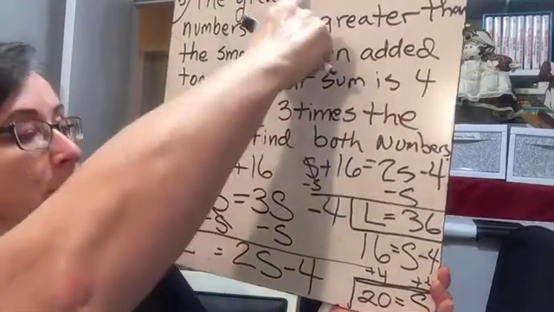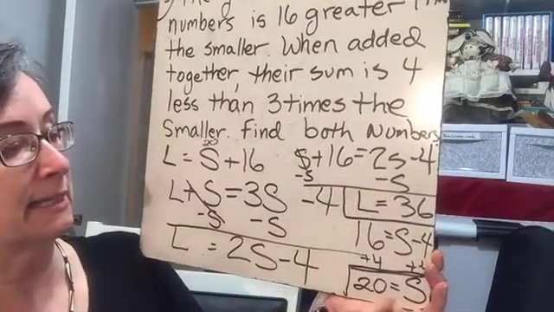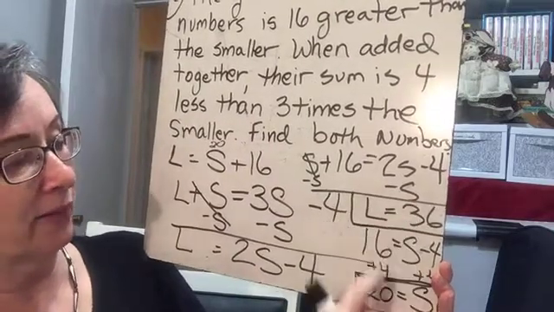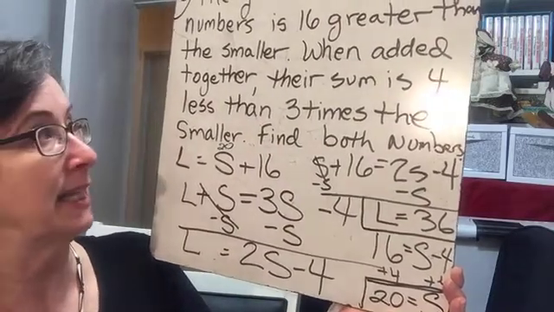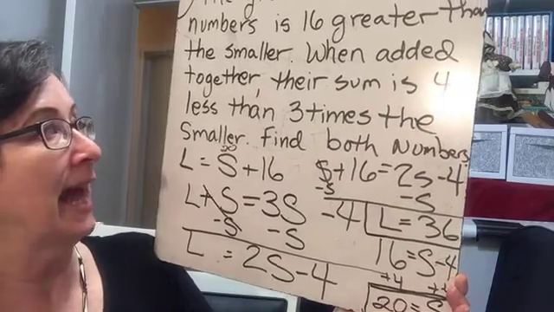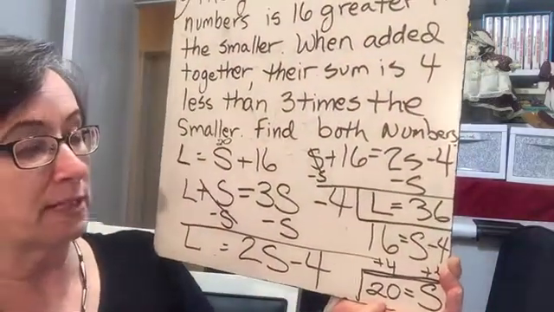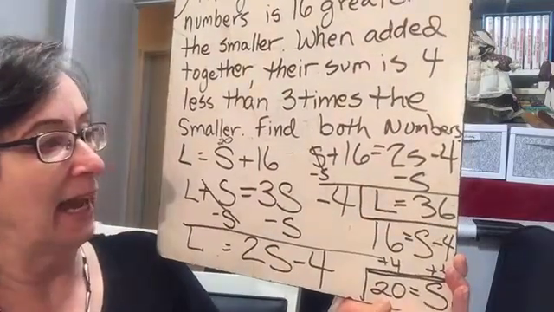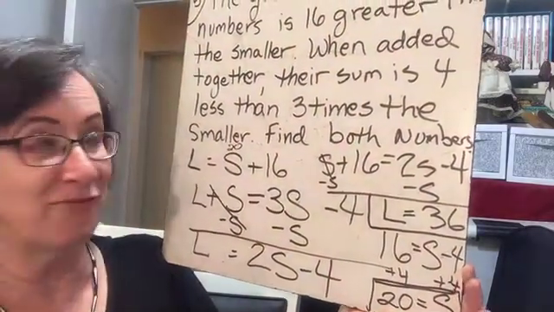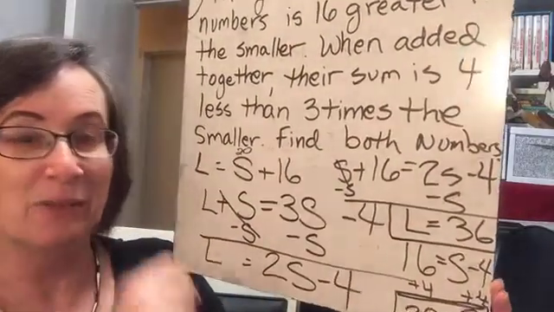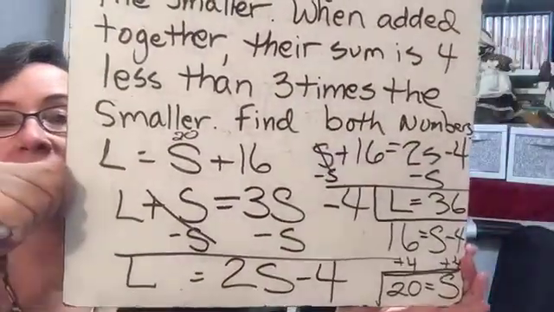Okay, the larger number, 36, is 16 more than the smaller number. Yes. When they're added together, I'm going to get 56. And is that 4 less than 3 times the smaller number? 3 times the smaller number is 60, and 4 less than that is 56. And that's what I get when I add the two together. And so we found both numbers.